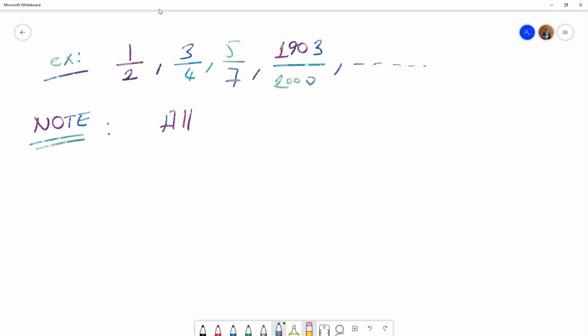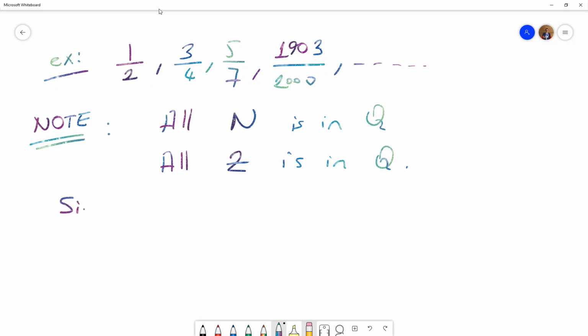All natural numbers are in rational numbers, and all integers are in Q, also rational numbers.